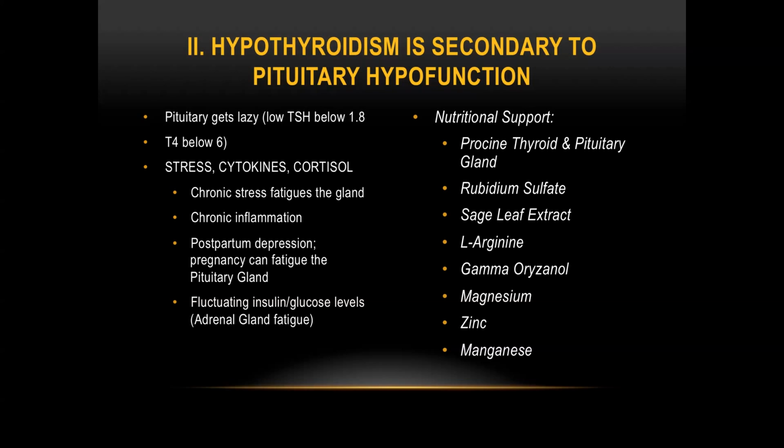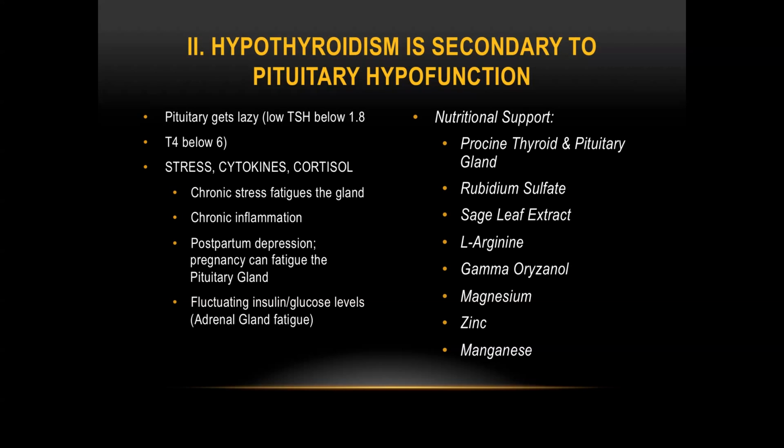In other words, the thyroid gland may be perfectly fine, but nobody is telling it to go to work because the pituitary is asleep on the job. Pituitary hypofunction is usually the result of one of 4 things. An active stress response, which could be poor diet, inadequate sleep, too much caffeine, or high carbs. Chronic inflammation, which can be viral or bacterial infections, where the body just gets worn out.